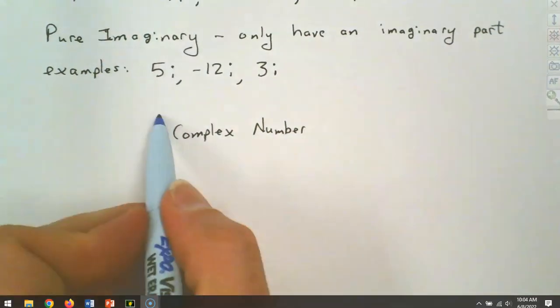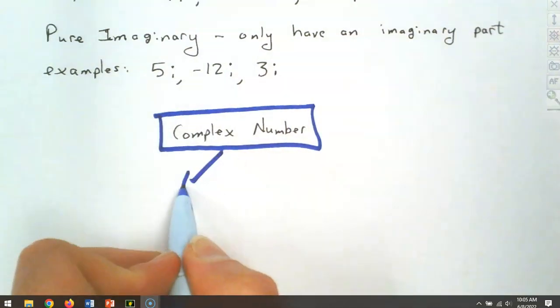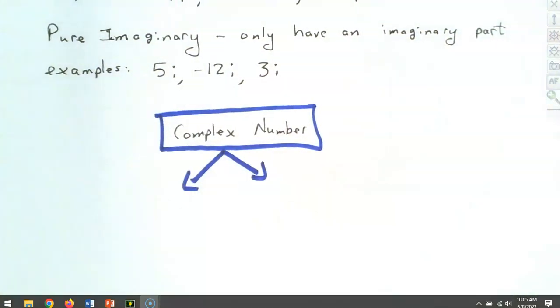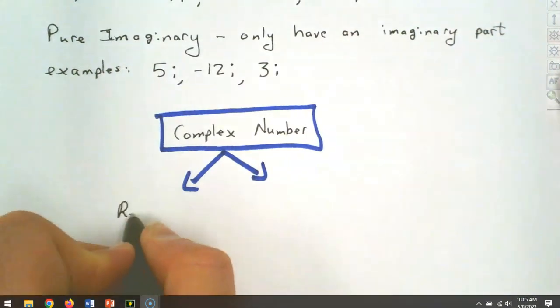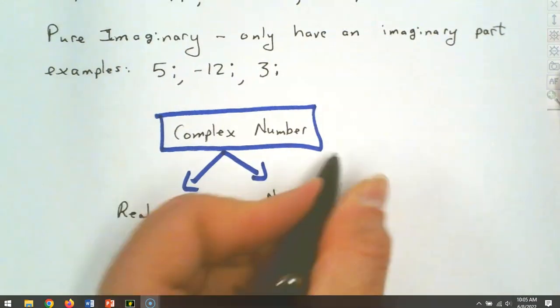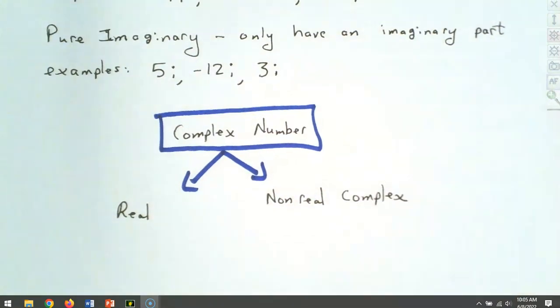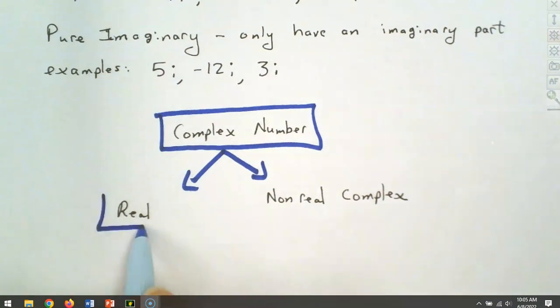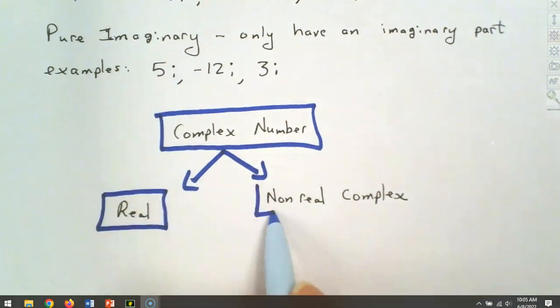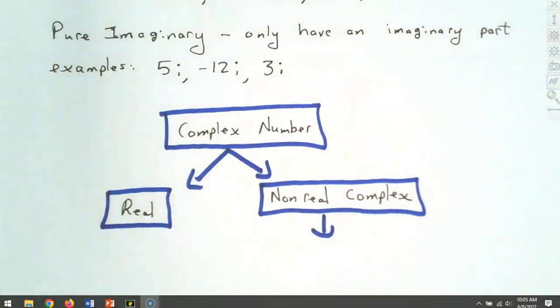So we start with the complex numbers. And then we break them down into one of two types: real or non-real complex. Real numbers we're not going to break down any further. But the non-real complex numbers, we can break down one step further, into what are called pure imaginary.